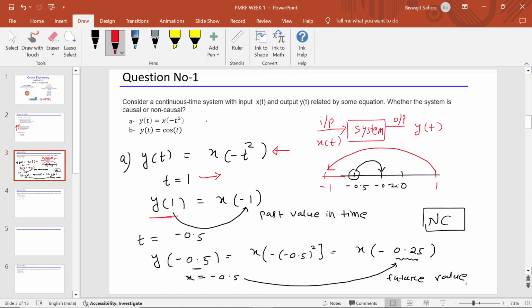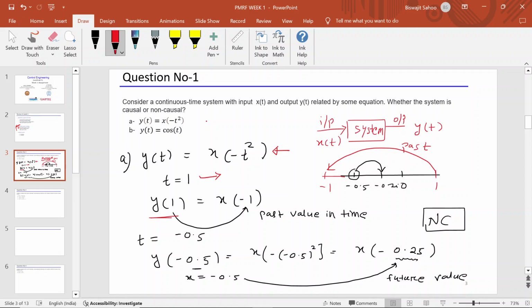So you don't conclude yet that it is a causal system. Now you have to put in another value of t. You have to check for all values of t. If any value is not satisfying, it is a non-causal system. So for this value it depends on the past, so let's assume for one moment that it is a causal system.